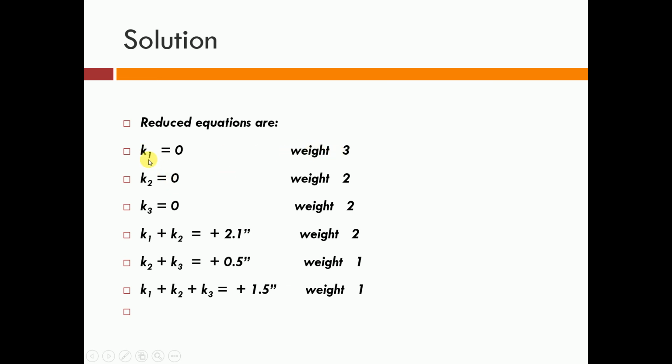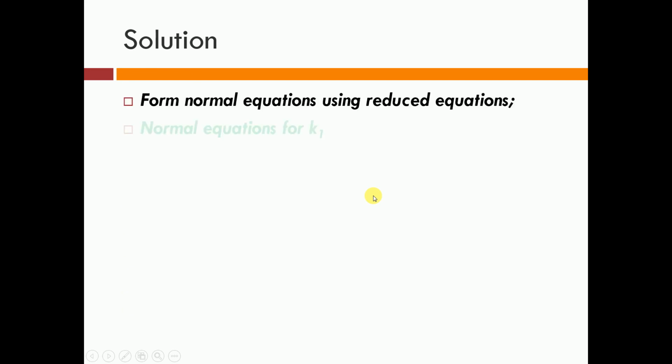Here the coefficient of K1 is 1 and the weight of this equation is 3. So, 3 into 1, 3. You have to multiply this equation with 3. So, I am getting the result 3K1 is equal to 0.